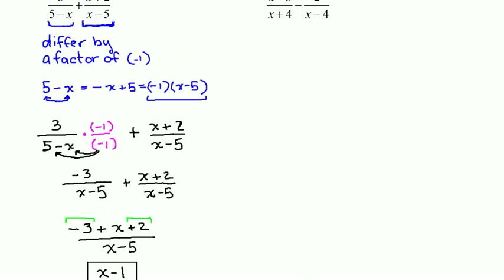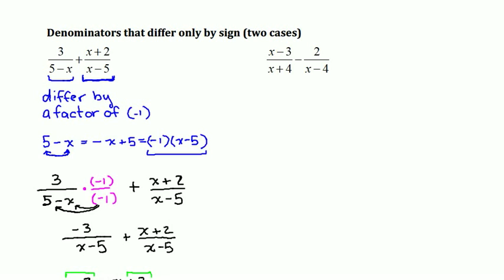If we contrast that with our other example of a subtraction in which the denominators differ only by sign, in this case they differ by just the sign of one term rather than both terms. So these denominators can't be made to be the same by just a simple correction such as multiplication by -1.